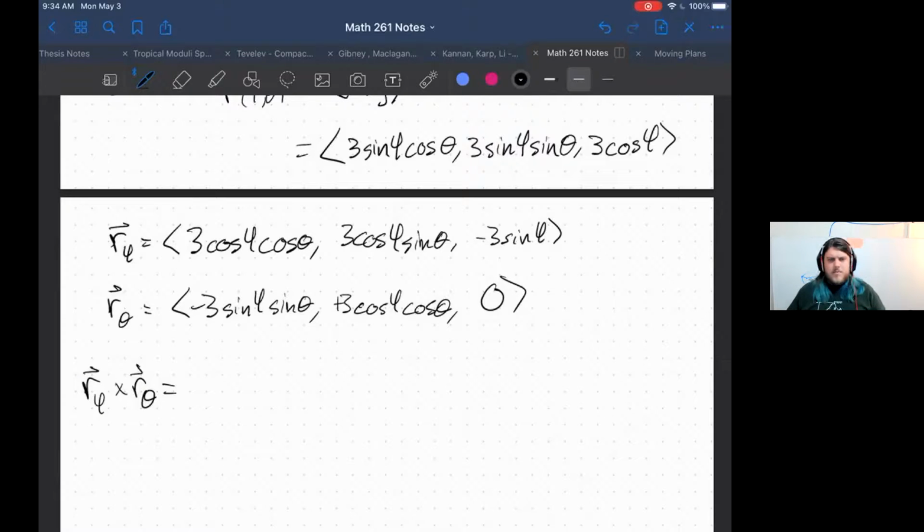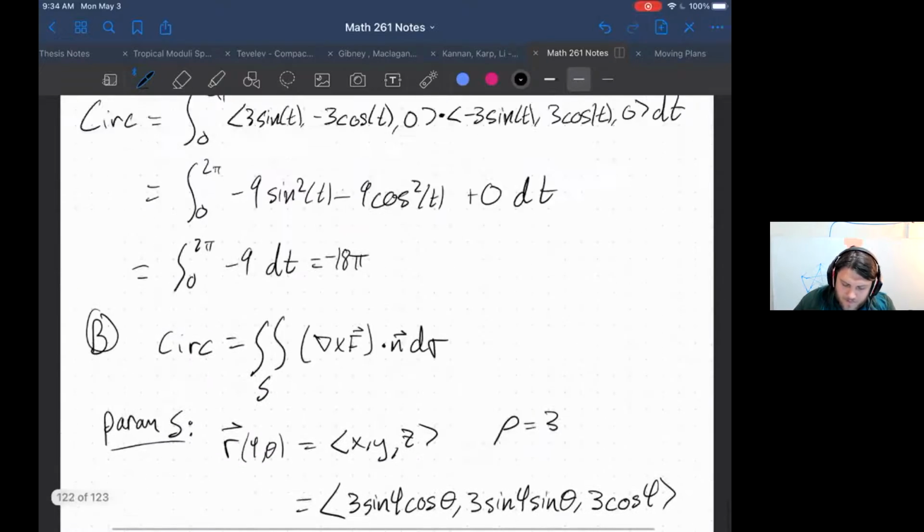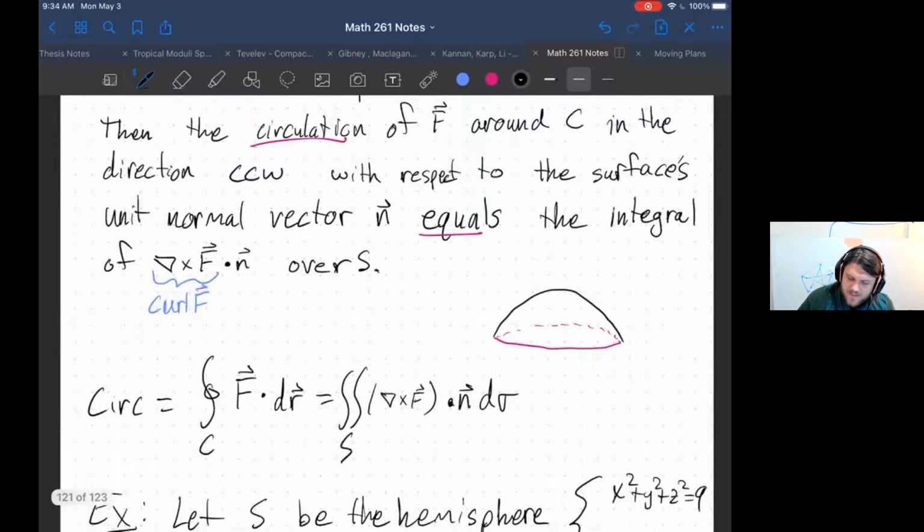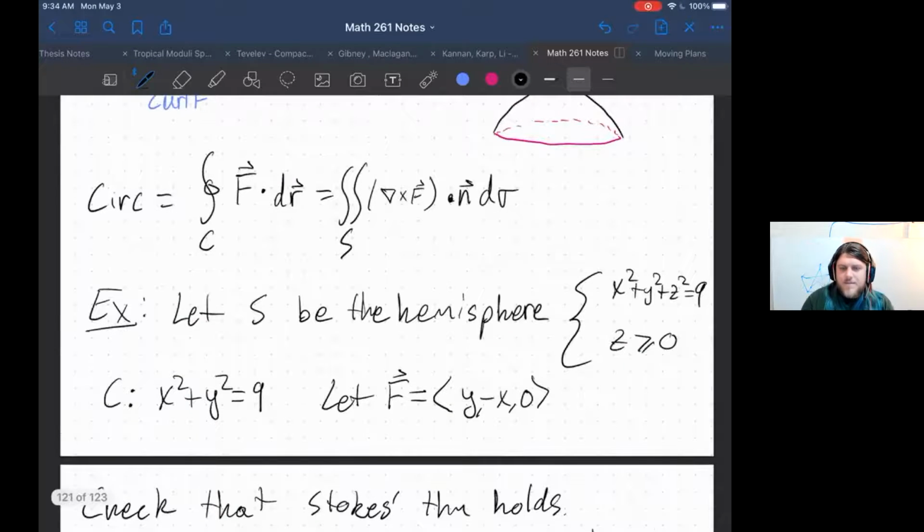Again, you might be wondering, how do we know it's exactly this cross product? I kind of asserted earlier, take them to be in this order, and things will work out. Right, so this is a hemisphere in the top half, well, actually, it really doesn't matter if it's the top half or the bottom half here.